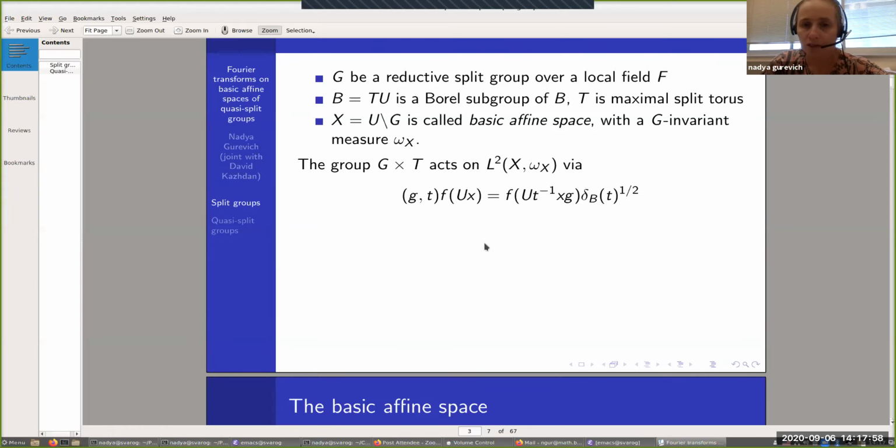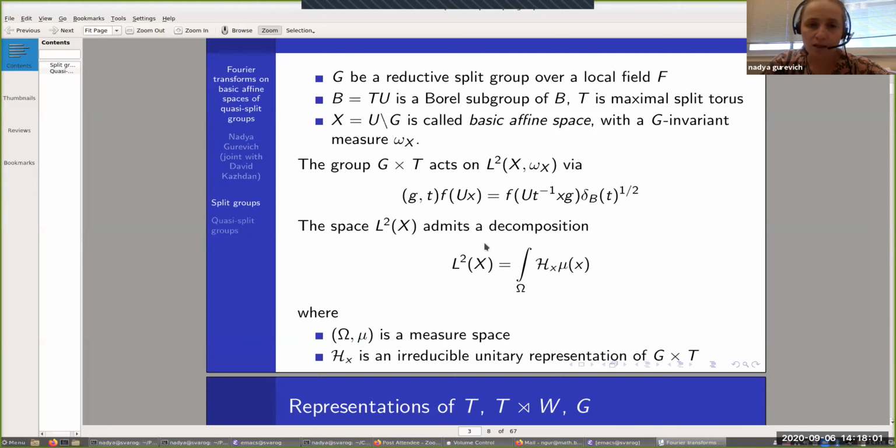So we get a unitary representation, and by a general result, any unitary representation admits a decomposition as a direct integral of irreducible unitary representations of G times T. The integral is taken over some measure space, and we are interested to understand in every particular case what this measure space is and which representations are so-called weakly contained inside the representation L2 of X.